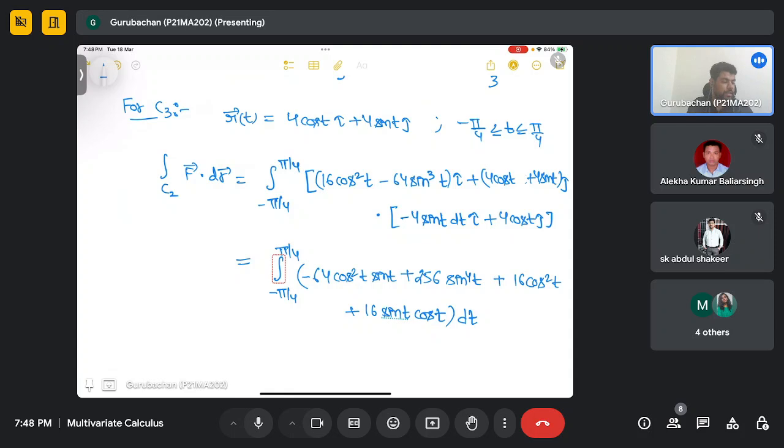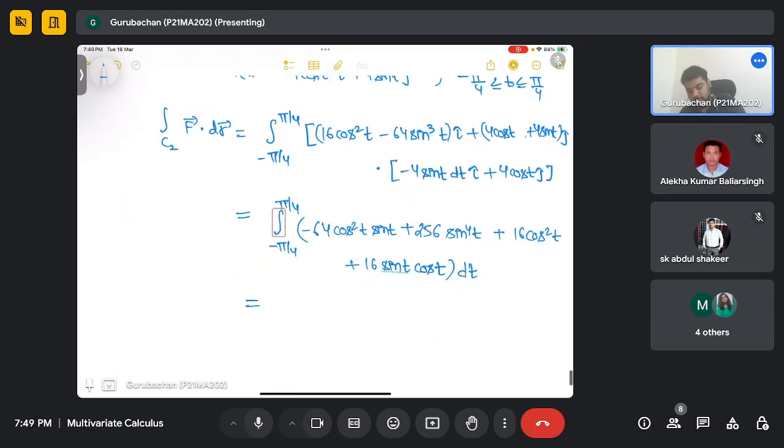Till now it is correct, I think. You can solve it and you will get this integration as 8. For the sake of time I am writing the conclusion directly, you may verify: 16 sin 2t, and the result 52 pi minus 120.